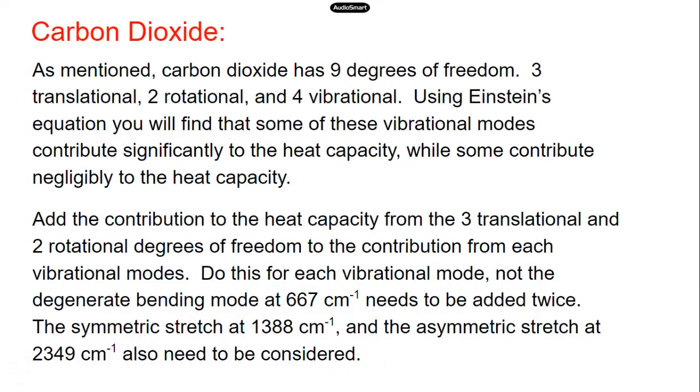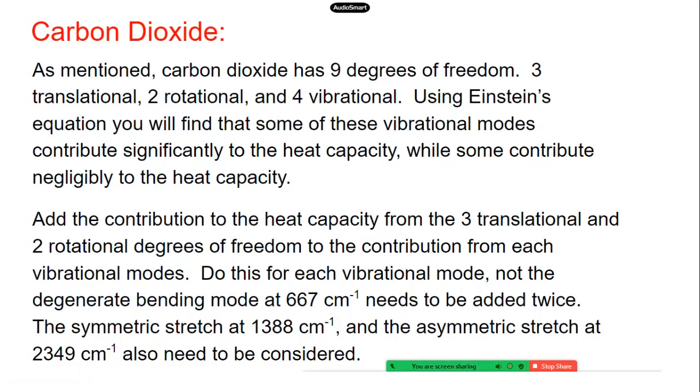Again, remember, when you're adding these heat capacities together, you add all of them together. You use the classical arguments for the translational and rotational. So translational, CV over NR is 3/2. Each of the translational modes contributes CV over NR of 1/2, but there are 3 of them, so that's 1/2 plus 1/2 plus 1/2, which is 3/2.